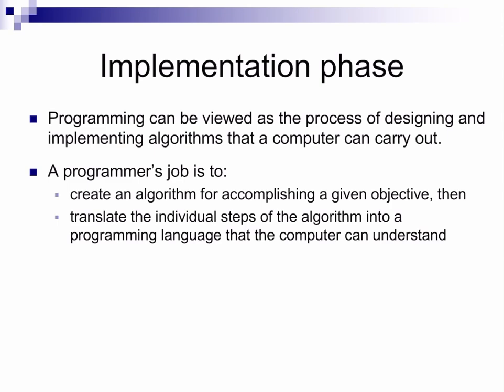So, our job as programmers is to accomplish a given objective and then translate the individual step-by-step algorithms into a programming language that the computer can understand. So, after having the pseudocode written and translating that pseudocode to a step-by-step solution, which is the algorithm, you're going to have that algorithm translated to a programming language on your computer.